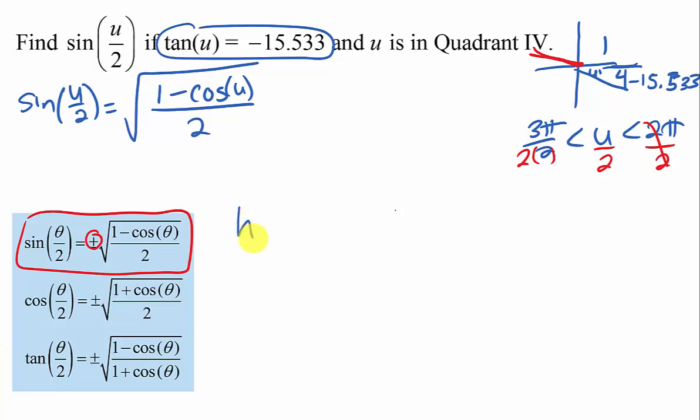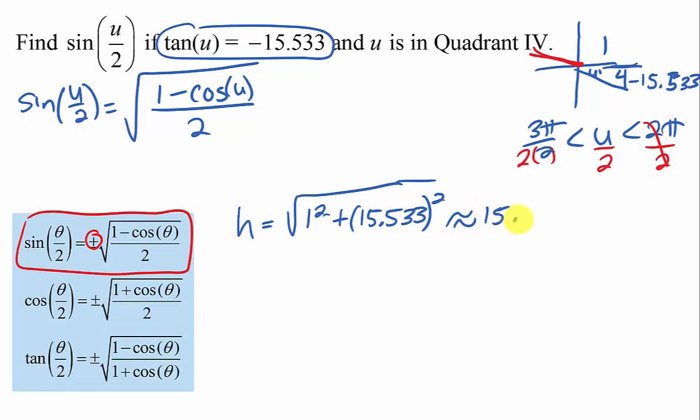So the hypotenuse is going to be the square root of 1 squared plus 15.533 squared, and it's negative, but we're squaring it, so that doesn't matter. So let's put that in the calculator, and that's going to be approximately 15.565.